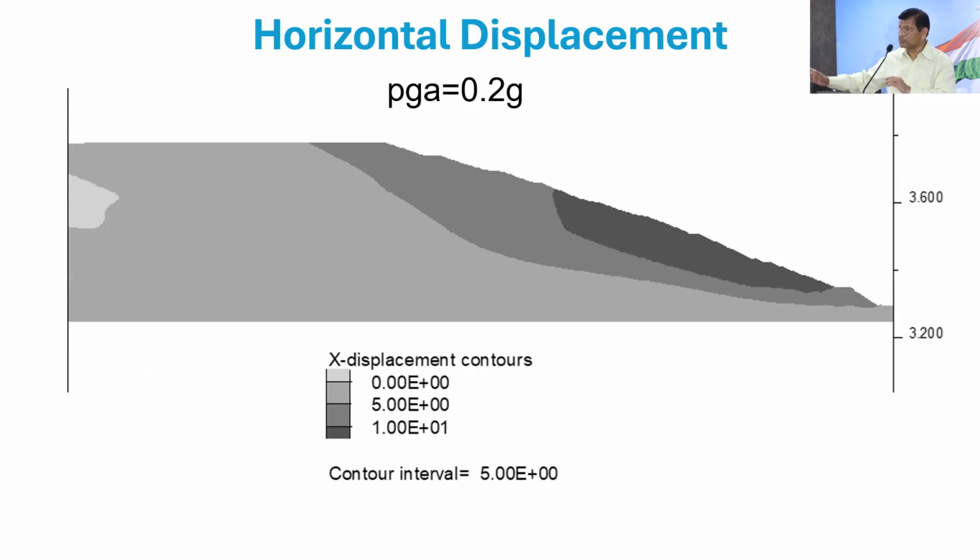This model shows that if we apply 0.2 G, there will be 10 feet of displacement. Then we have to see whether 10 feet is acceptable or not. That is again up to the engineer who is modeling and interpreting it, depending on the site, whether that is acceptable or not.